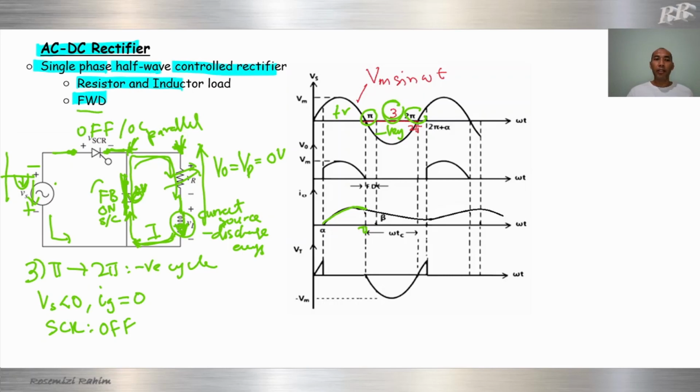The freewheeling diode is short circuit, so 0 volt. So the output will be the same as the freewheeling diode voltage, which is 0, so the output will be 0 from pi to 2 pi.